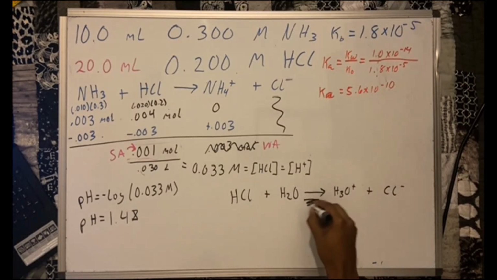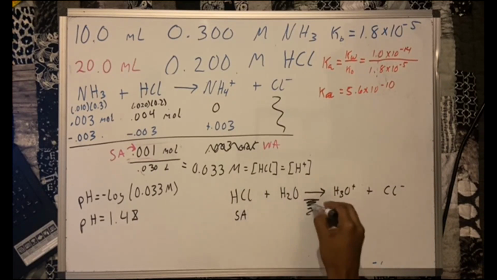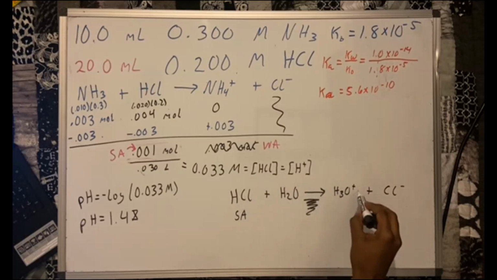No equilibrium there. Why are they the same again? Because it's a strong acid, right? It's going to completely break apart. This makes so much sense. I'm glad it makes sense.